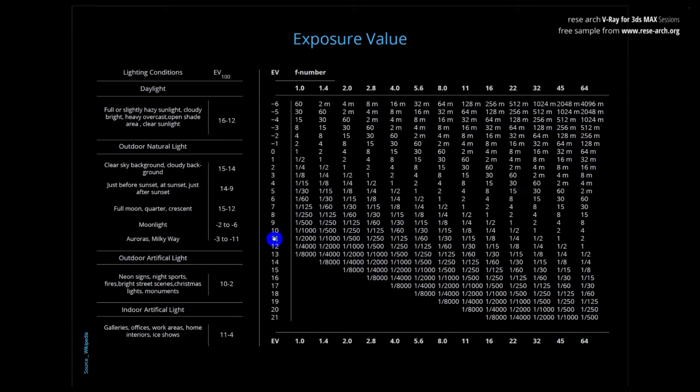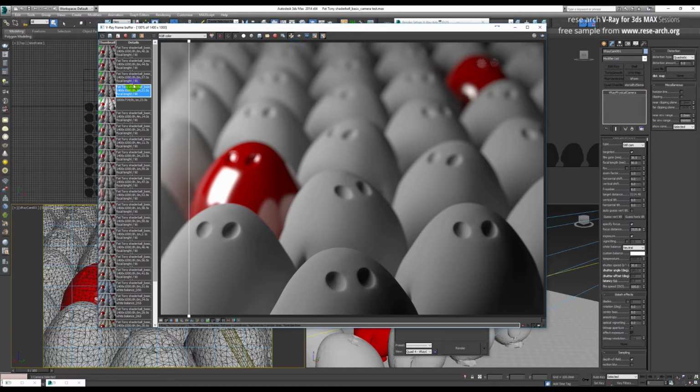So I am fixed on exposure value of 11. And you see that when I have F number 2, I have to go to shutter speed of 500. Before I had 2000, when my F number was 1, and so on. So you just need to keep this relation for the exposure value of 11, and everything is going to be exactly the same in terms of the lighting.